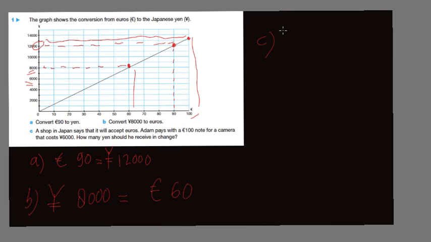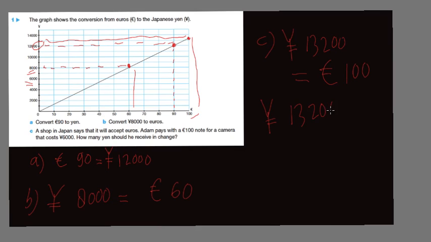Okay, from the graph we find that 13,200 yen is equal to 100 euros. Okay, we notice that Adam's money is equal to 13,200 yen. This is Adam's money converted from the euros.